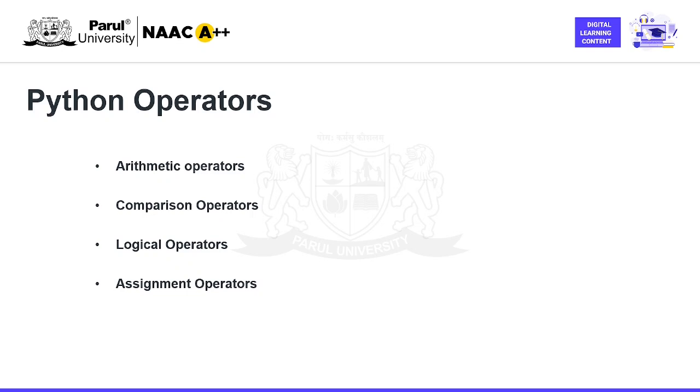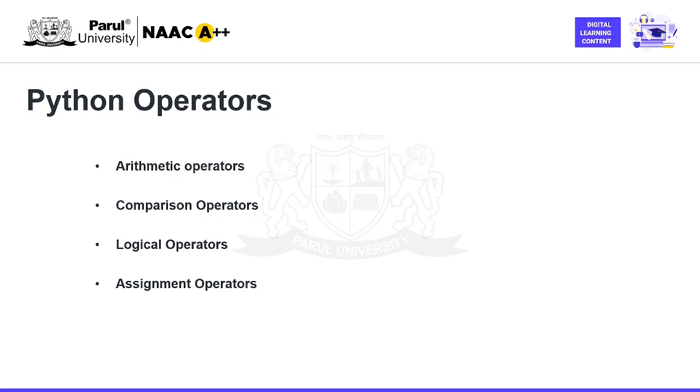So in this case, A and B are the operands, and who performed the addition operation? The plus sign, the symbol, performs the addition operation.